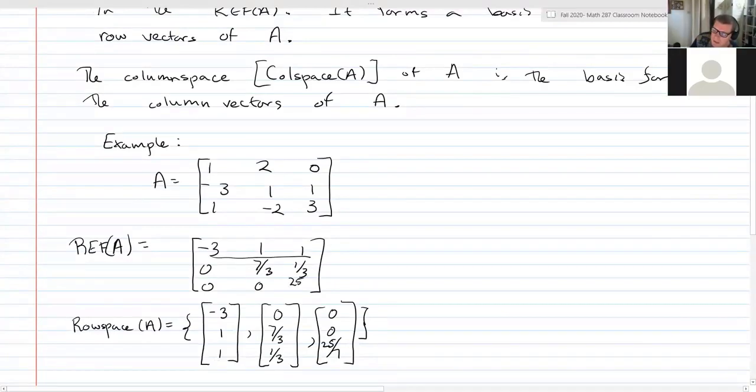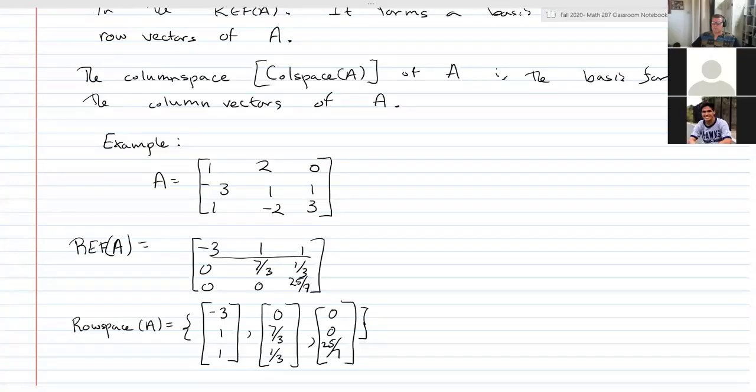Can anybody tell me what set of vectors in A are linearly independent? Not in the row space of A, but in A, the column vectors of A that are linearly independent?